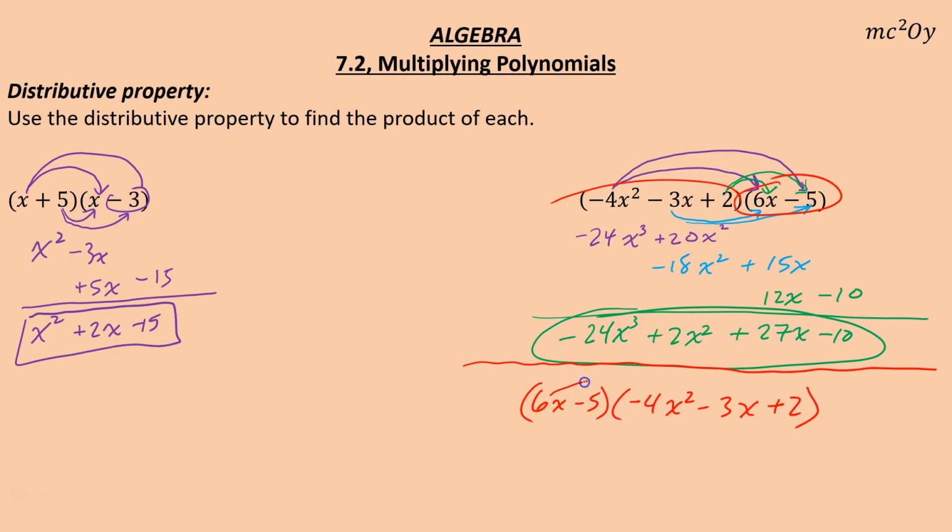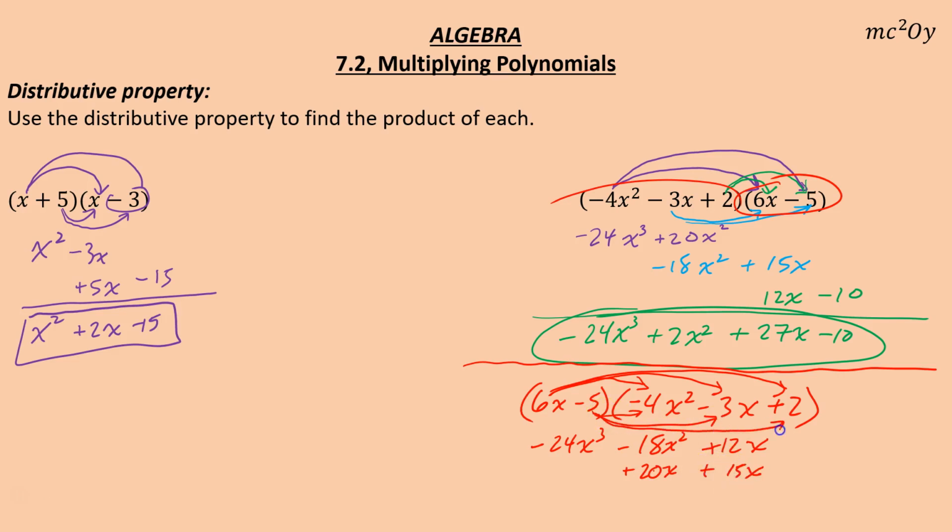What that allows me to do is make it nice and pretty, right? That's negative 24x cubed. That's negative 18x squared, and positive 12x. Okay, and then I can go here. It's positive 20x squared. Here, positive 15x.